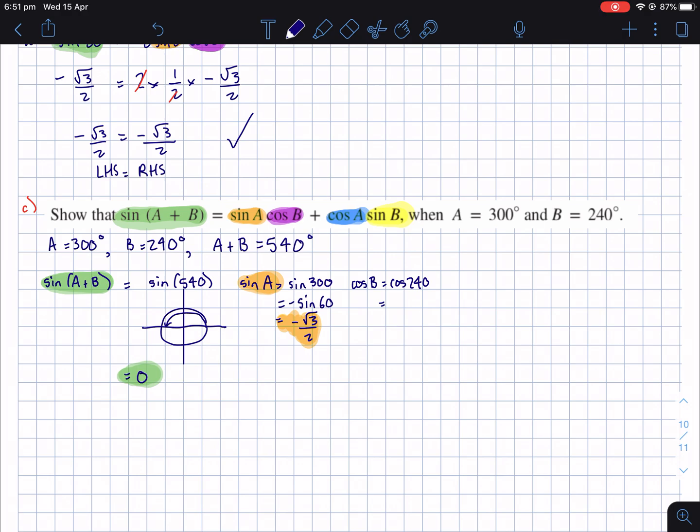Now, if you did your diagram, you shouldn't need to by now. 240 take 180 is 60, so that's going to be negative cos 60. And that's negative a half. Chuck it in your calculator to make sure. Yep, negative a half.